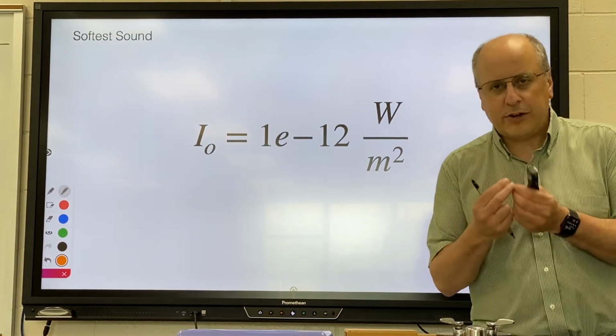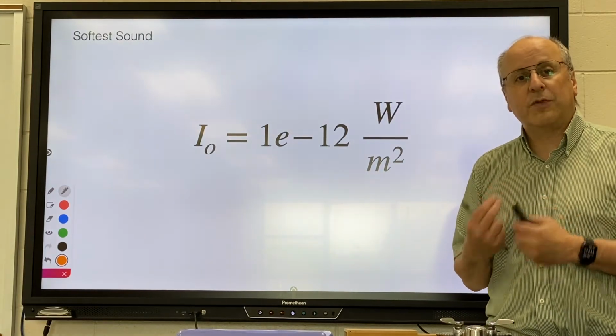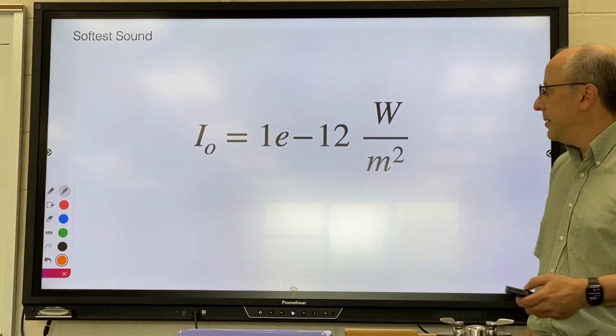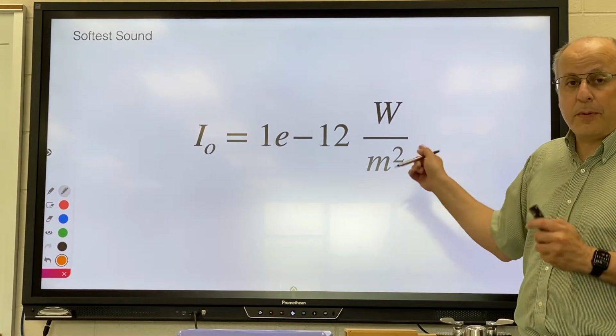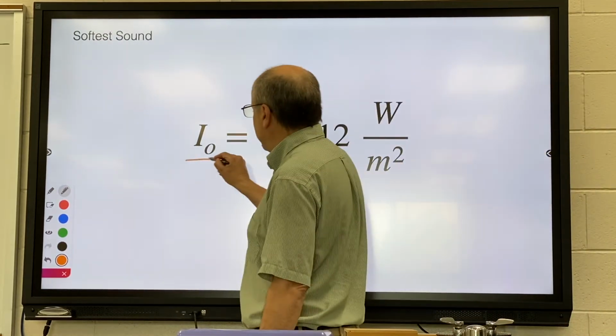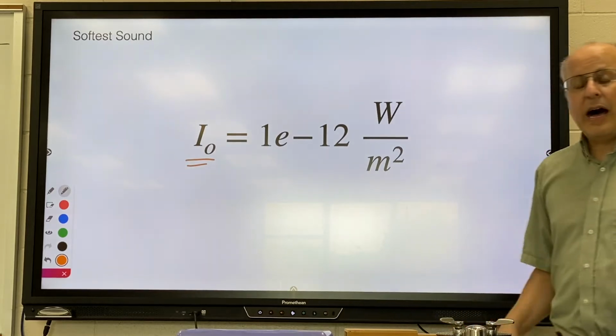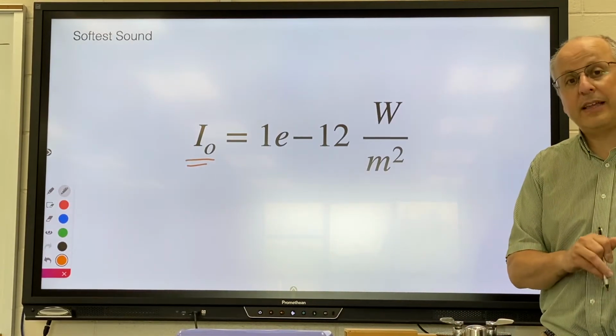Any less energy than that is not enough for us to register it as a sound. You can have sounds that are softer than that, but people won't be able to pick them up. This is going to be our reference intensity, I0. That's what we're going to use as our reference when we calculate decibels.